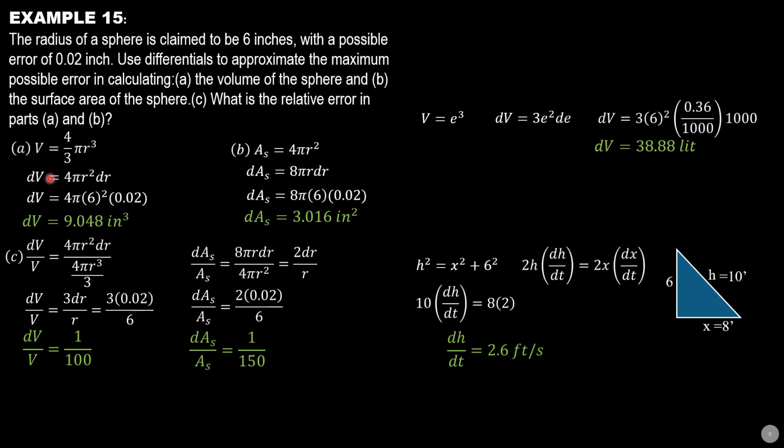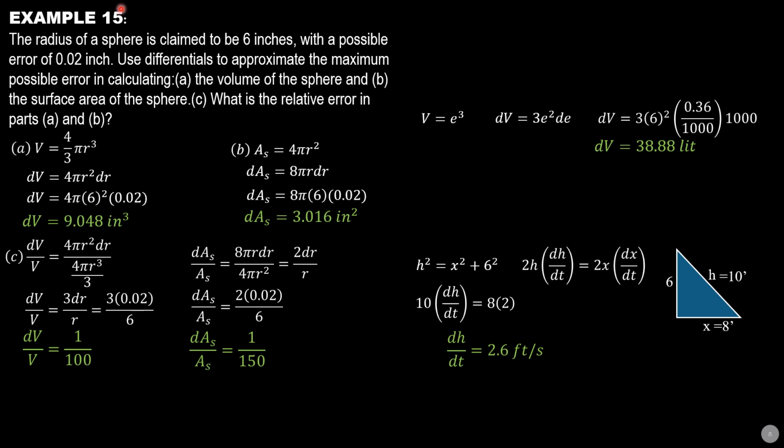So the differential is 4 pi r squared times the differential of r. Then substitute, r is 6 inches and differential r, the error in the measured radius, is 0.02. So dV is 9.048 cubic inches.